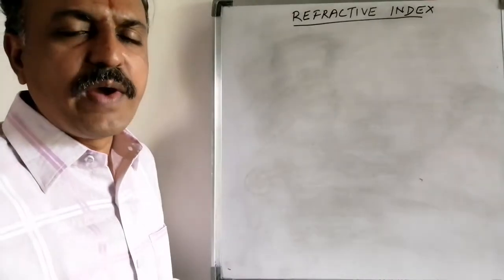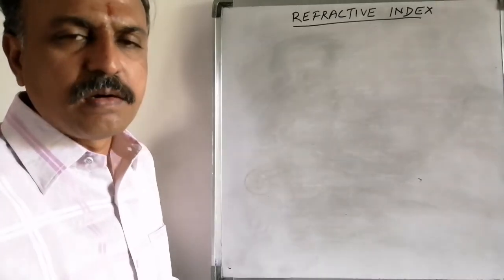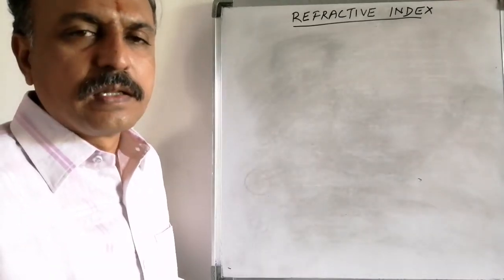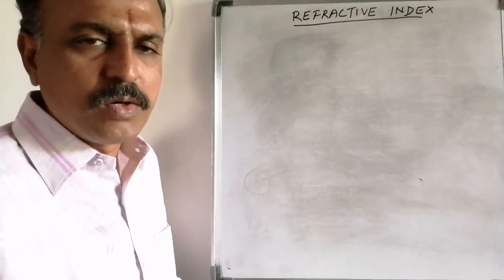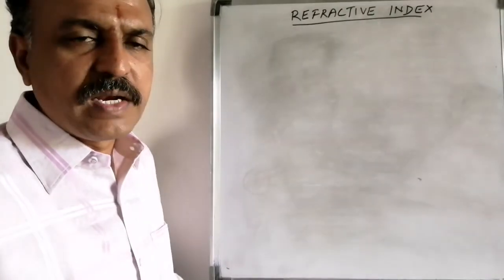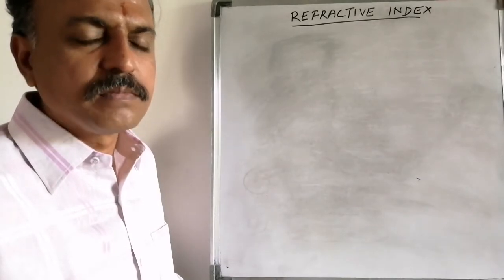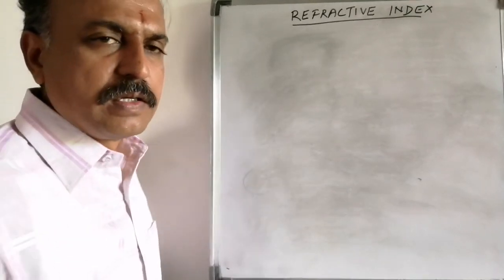So what is called refractive index? The ratio of the speed of light in vacuum to the speed of light in any medium it travels through.